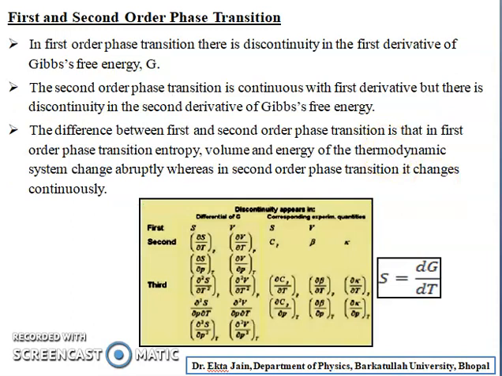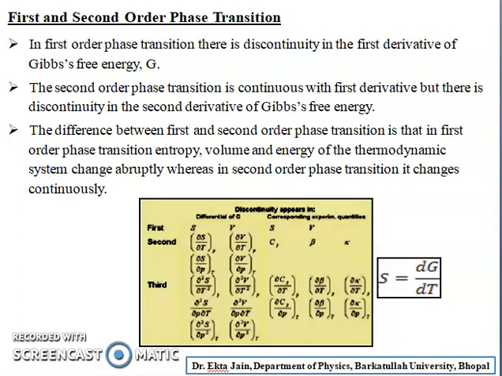Now we come to the first and second order phase transition. So what is first order transition? In first order phase transition, there is discontinuity in the first derivative of Gibbs free energy, while in second order transition the first derivative is continuous, but there is discontinuity in the second derivative of Gibbs free energy.